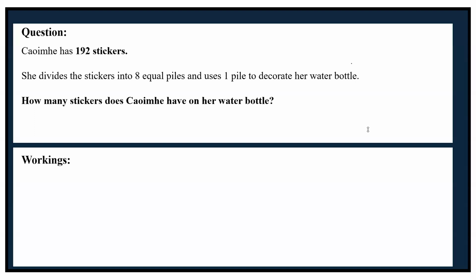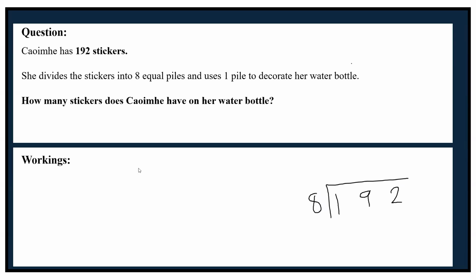Okay. Then what I'll do now is we divide 8 into 192. All right. So 192 divided by 8. What's next?